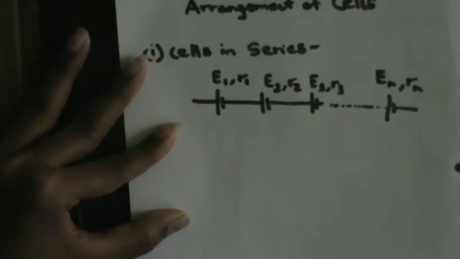Right. So we have to find the total electromotive force in this setup. What actually happens is that the total electromotive force is the addition of the electromotive forces E1, E2 and then En, or we simply denote it as sigma from i equals 1 to n of Ei. So E equivalent, or E effective, is like this.